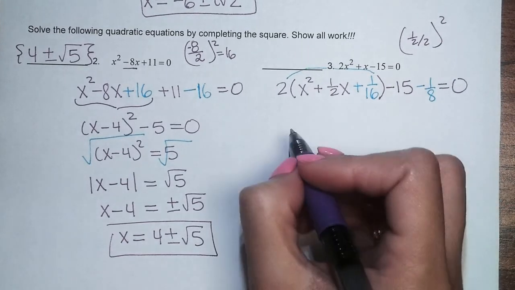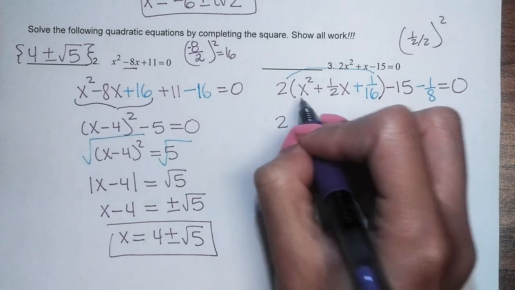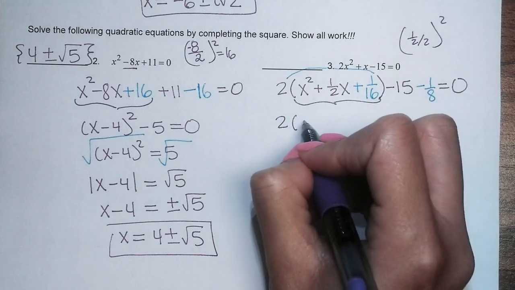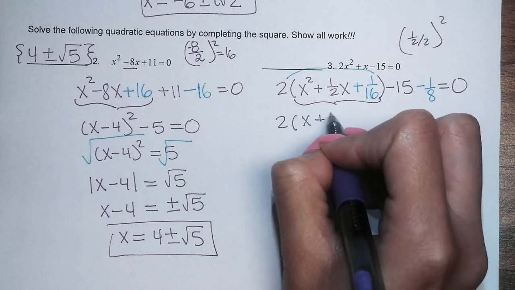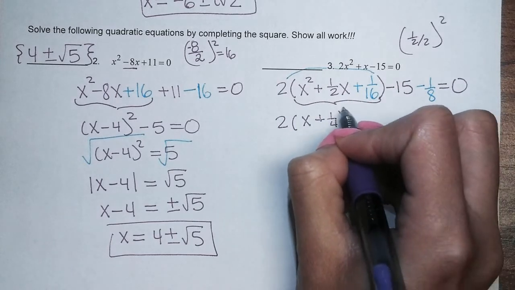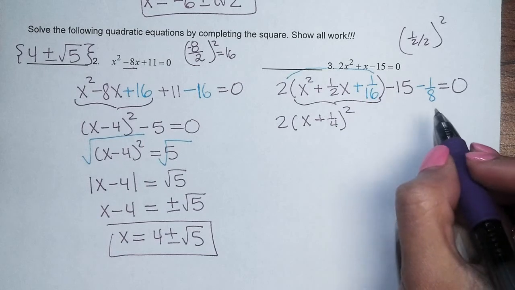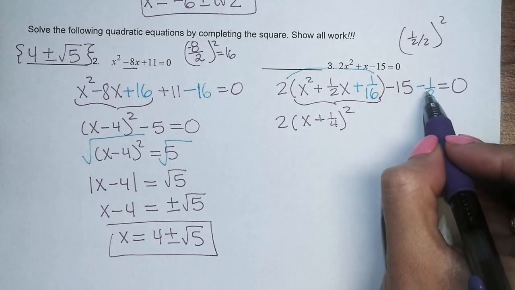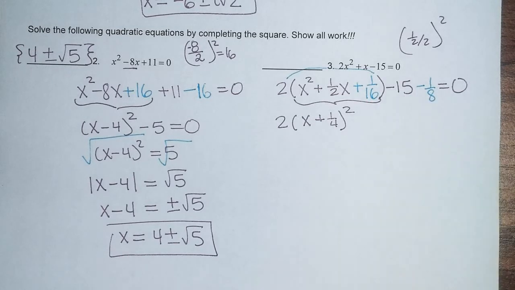So now I can get ready to factor this. That's a perfect square trinomial, and it would factor into x plus 1/4 squared. And now we need to correctly subtract the minus 15 minus 1/8. So simplify those and combine them.